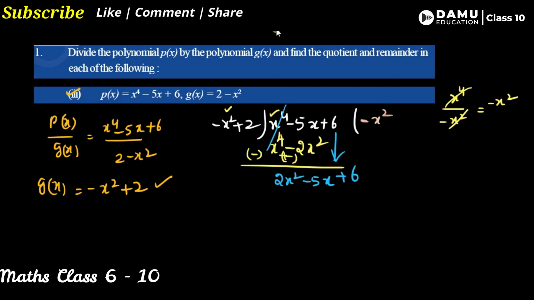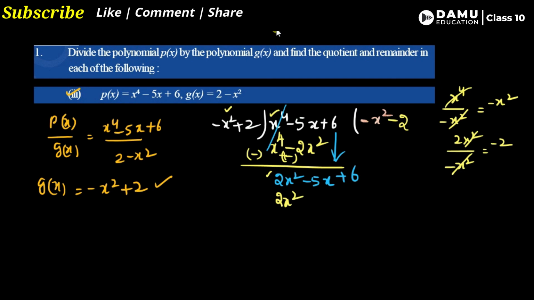Now what is there here? Again, first term 2x square is there here. So based on this we will write minus x square. So x square will cancel, minus 2. So we have to write here minus 2. So minus into minus becomes plus 2x square. Then minus 2 we are multiplying with all the terms, so plus into minus, minus, then 2 into 2 is 4. The symbols will change, that is minus becomes plus.